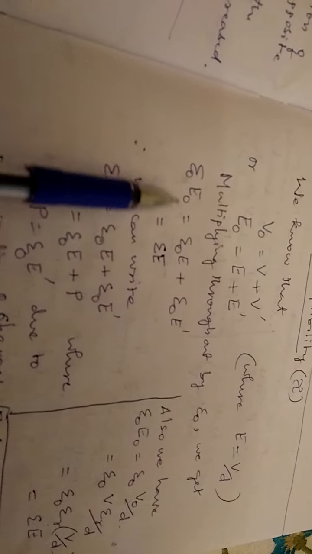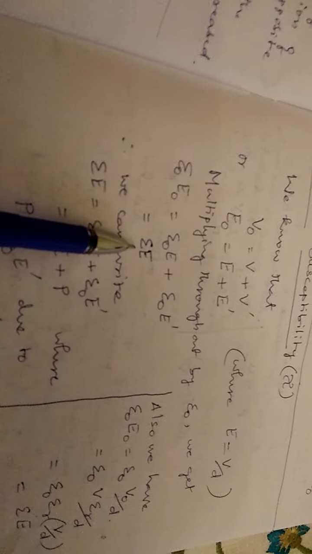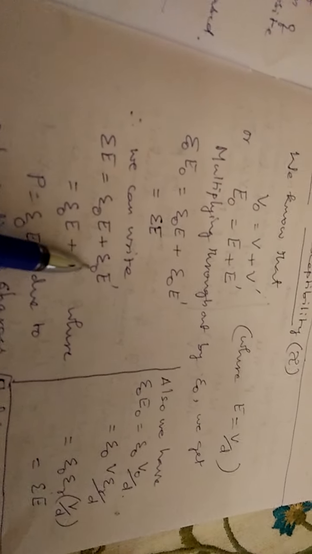Again E. So we can write epsilon naught E0 is equal to epsilon E.